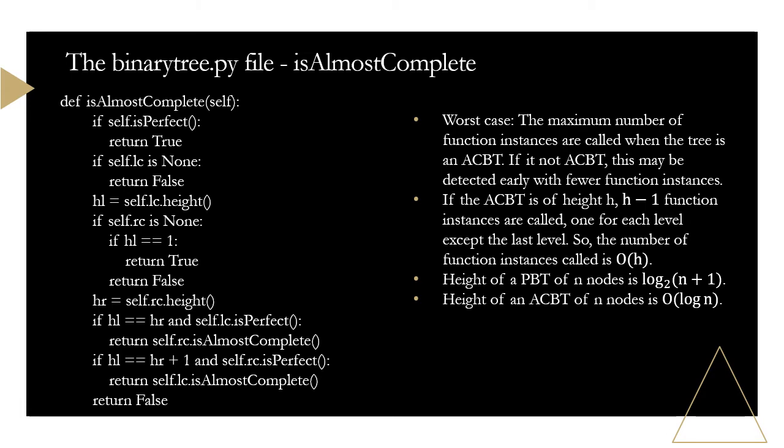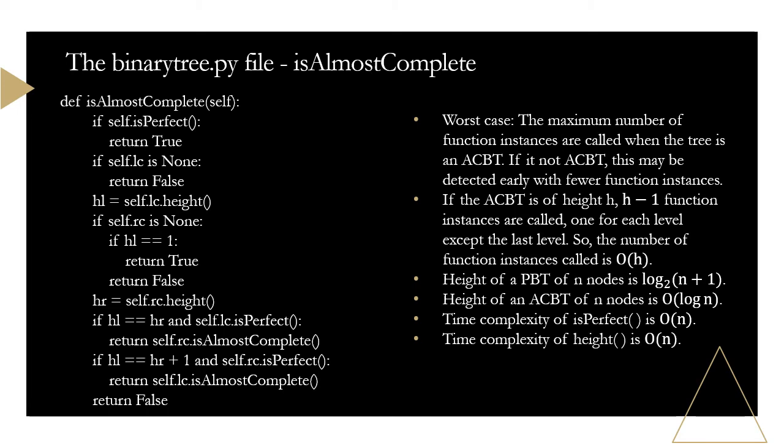Height of an ACBT of n nodes is O(log n). Time complexity of is perfect is O(n), and time complexity of height is O(n).